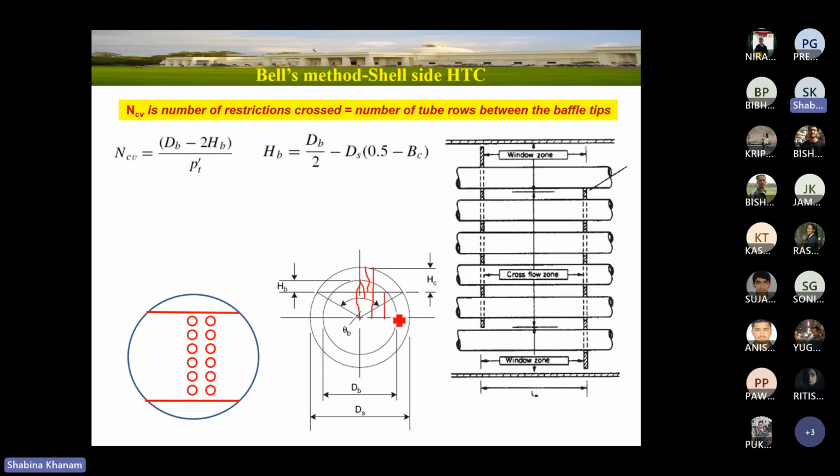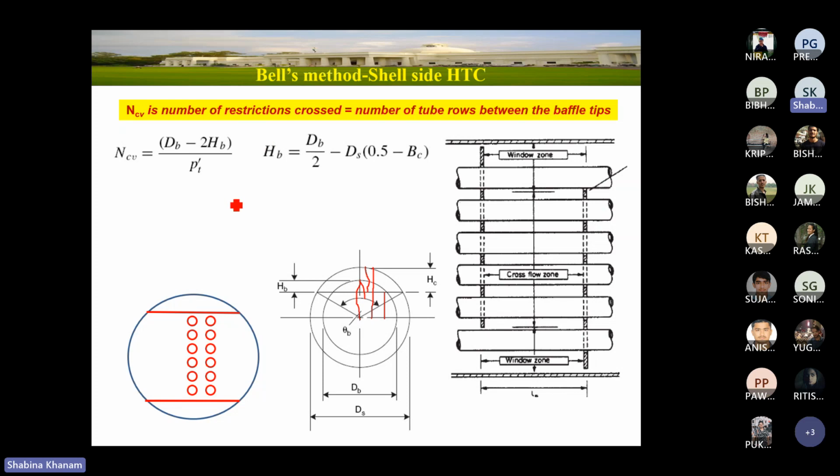Finally I draw the straight line. This complete expression will give me this height, and dB by 2, this height minus this height, will give me HB. In that way we can find this HB.